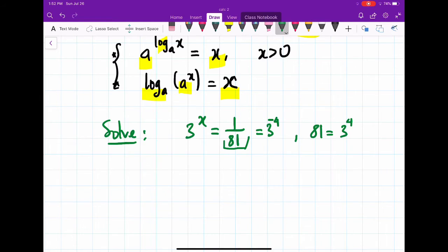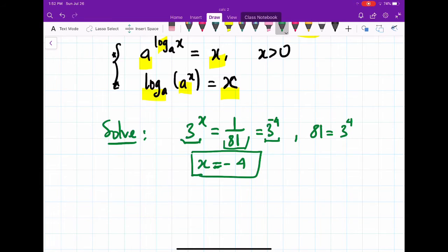If you compare 3 to the x and 3 to negative 4, x should be equal to negative 4, because we know the function is monotone. That means we cannot have two different numbers such that the function values equal 3 to negative 4.